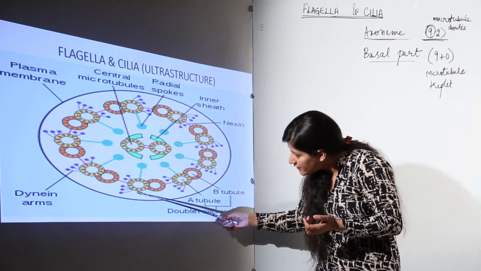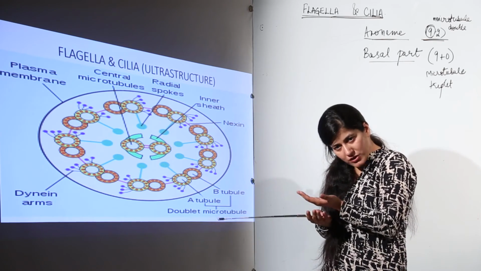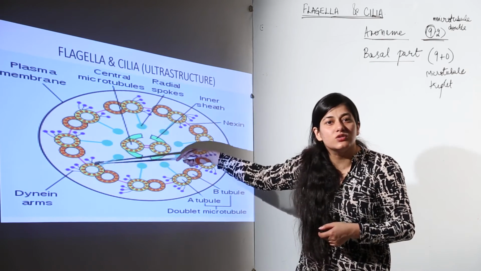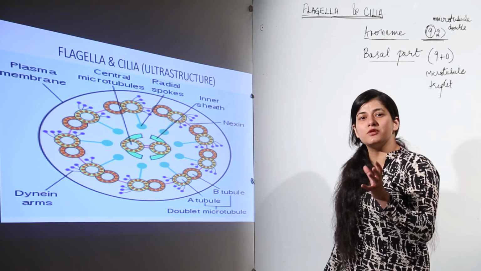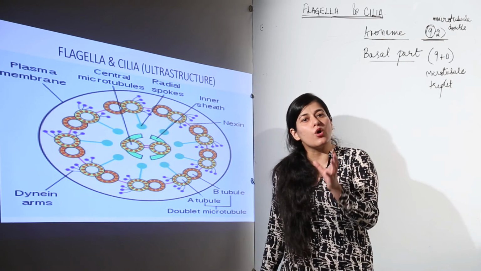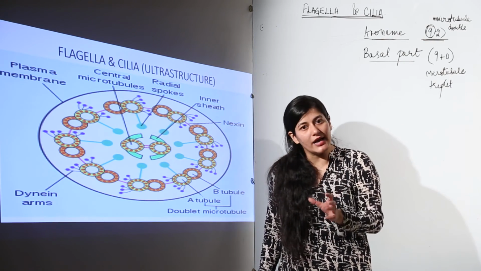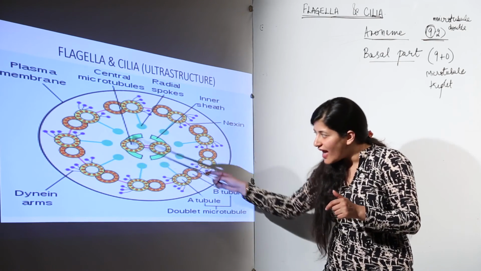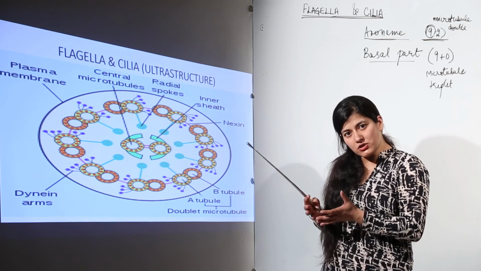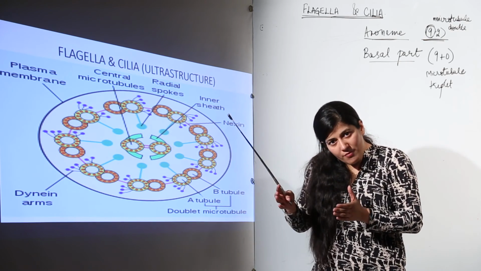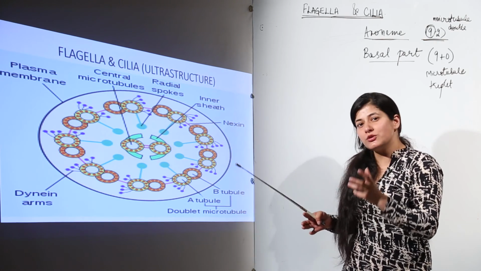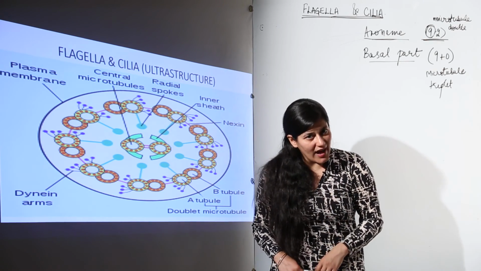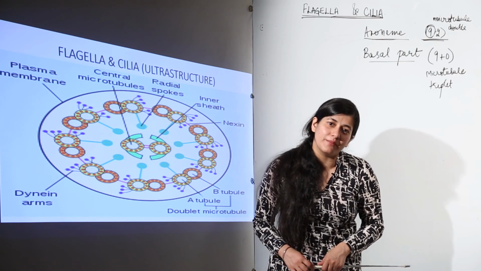When there is this sliding movement of microtubules on each other, there is an entirely coordinated movement in the whole axoneme, and that is responsible for the movement of the flagellum or the cilia, because the ultrastructure for both of them is similar. It is the dynein arms and the microtubules in close proximity to each other which bring about the movement in the axoneme in total, so that the cell can show the whip-like movement we observed in the case of flagellum and cilia.